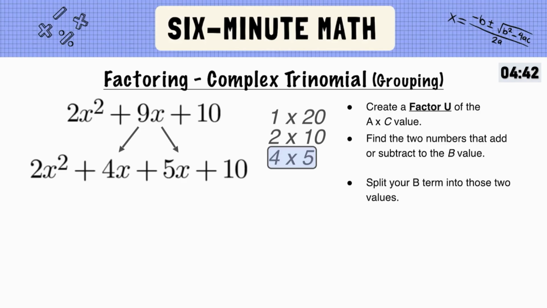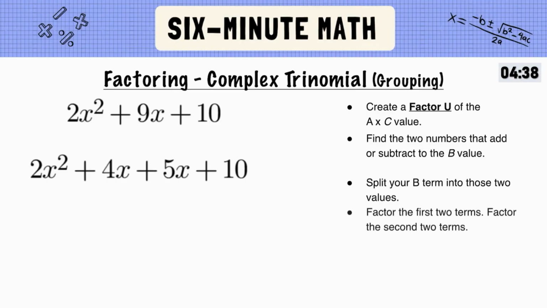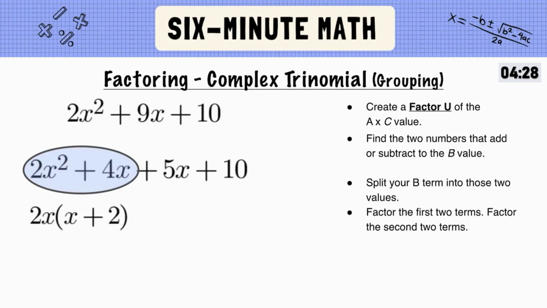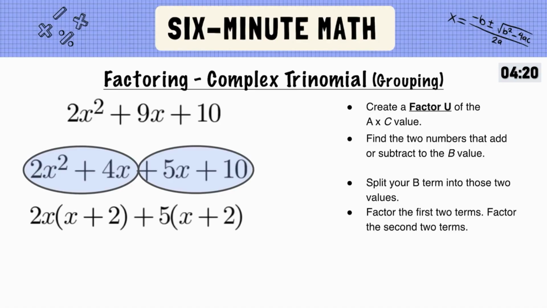This is where the grouping comes in. I'm going to group my first two terms together. So I group 2x squared plus 4x, and I factor out my greatest common factor, which is 2x. I'm going to group my second two terms together, 5x plus 10, and factor out my greatest common factor, which in this case is 5.